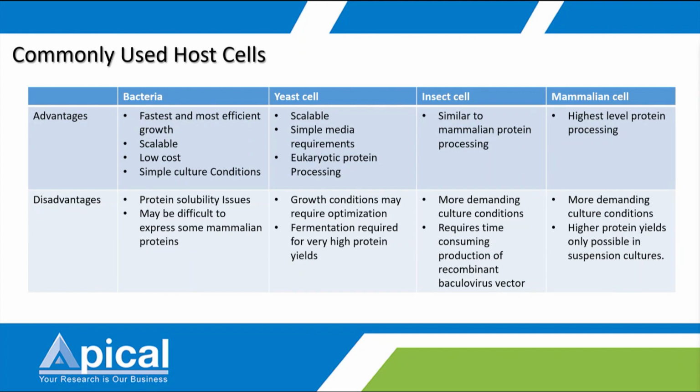If you're working with insect cell for transformation, it may consume your time in optimizing the culture condition, and also for mammalian cell. So the culturing of yeast cell, insect cell, and mammalian cell is more time consuming, and you need to perform more optimization.